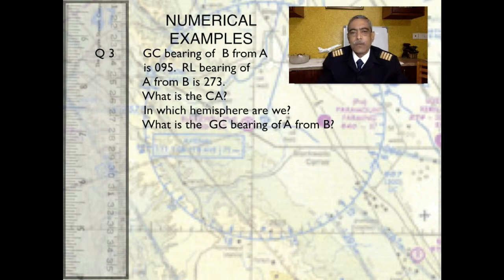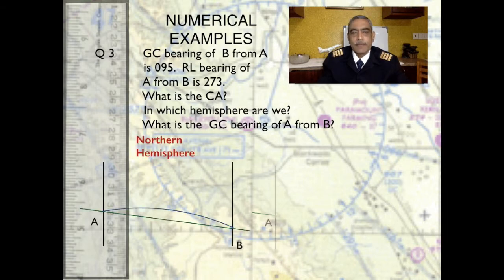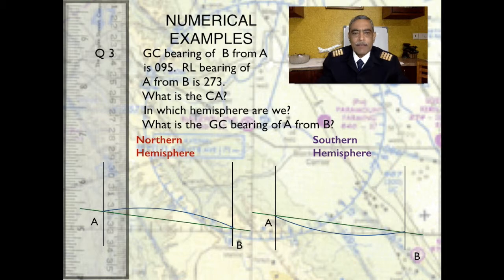Now, as I told you earlier, for solving such problems, we must draw two diagrams in this case. One for the northern hemisphere and one for the southern hemisphere, which I have already drawn. A straight line in the northern hemisphere between A and B depicts the Rhumb line track, and the line curved to the northern side in the northern hemisphere is the great circle track.